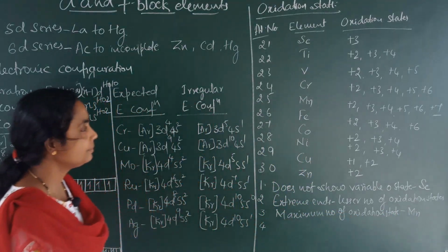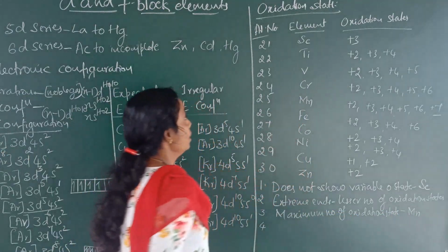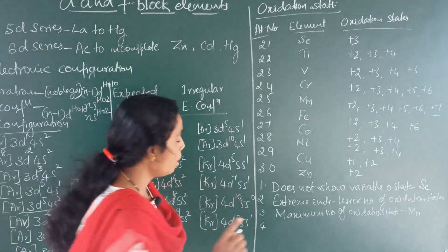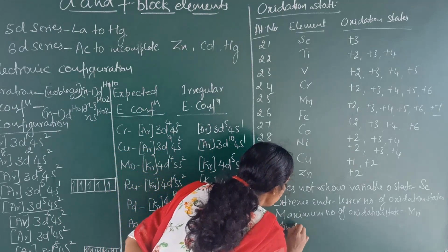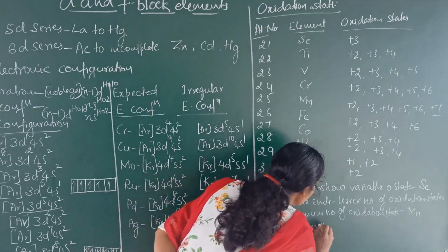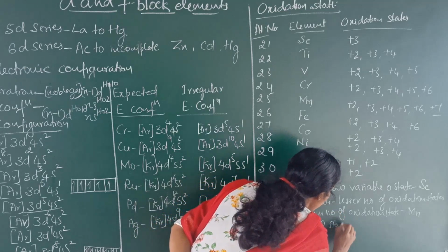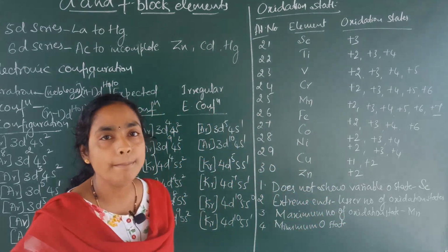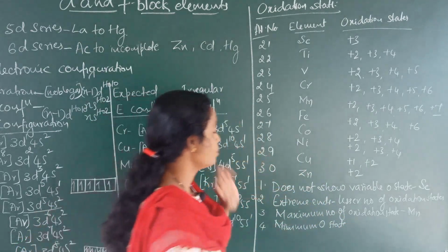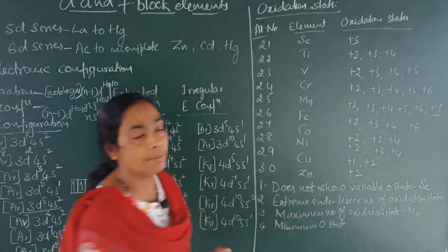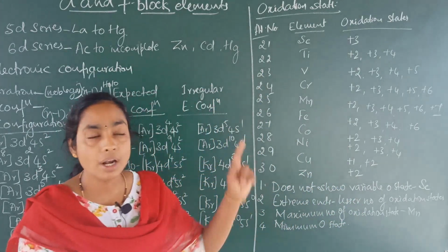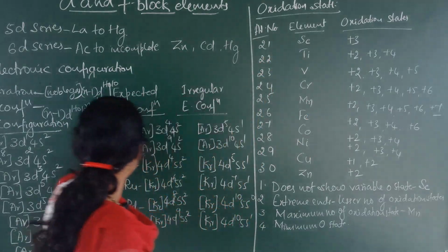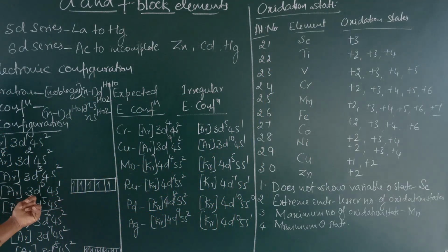Next, in 3D series elements, the minimum oxidation state possible is the number of electrons present in the s orbital, and the maximum oxidation state possible is the sum of the number of electrons present in the s orbital and the number of electrons present in the d orbital, up to manganese.